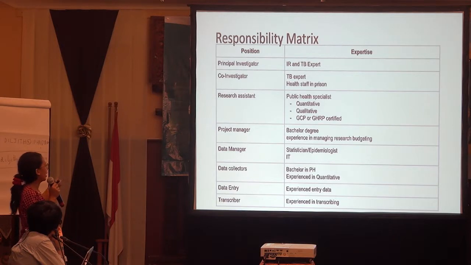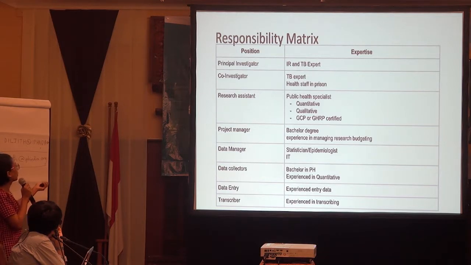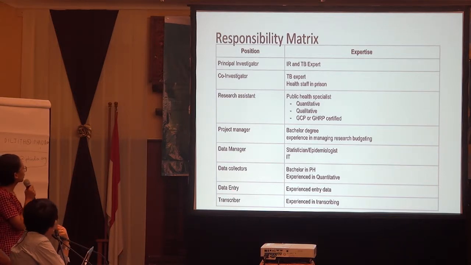They will help in conducting and collecting the data, and the project manager will be involved in managing the project. The project manager does the budgeting, while the data manager manages the data that has been collected. That's why we also put IT. She or he will do the qualitative data management. These are the criteria for data collectors, and these are the criteria for data entry and transcriber. I think that's all for the responsibility matrix.